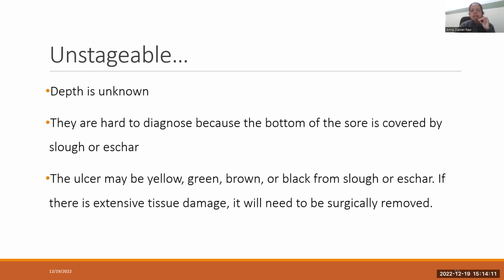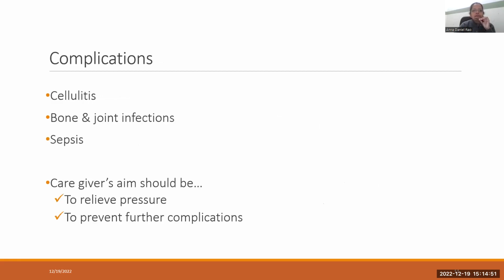This occurs because the wound will be covered with eschar, there may be pus formation, and the view is not clear. Depth will not be known, so it is very hard to diagnose. It may appear even greenish, yellow, blue, or black because of extensive tissue damage. Many times such patients will require surgical help also, right? So that is the unstageable stage.